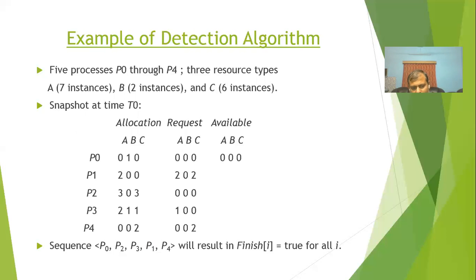Now remember one thing: there can be multiple safe sequences. On the screen you can see a particular sequence. In the same way, you may have more than one safe sequence also. That will not pose a problem for you. So if we use this sequence, then we can say that finish of I equals true for all I, and there is no case of any deadlock here.